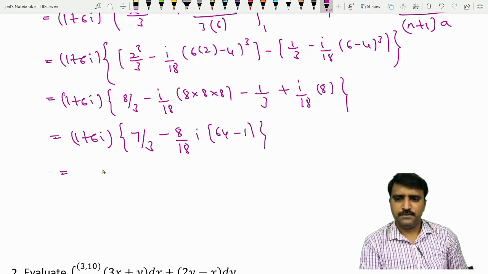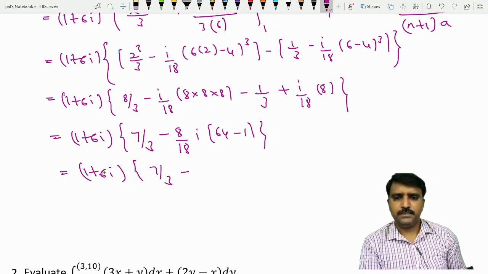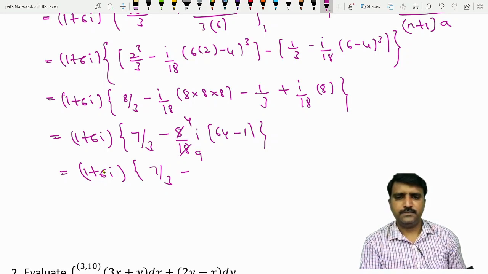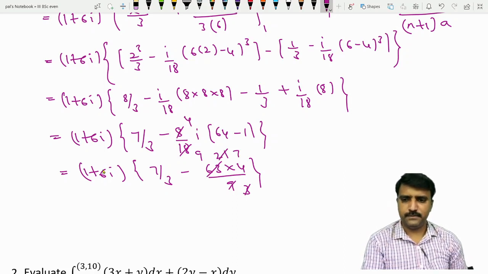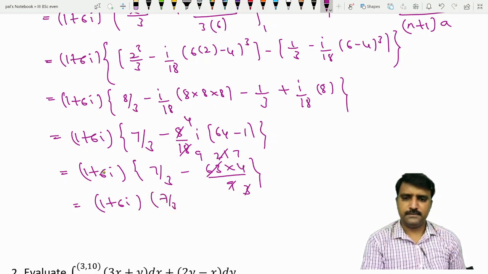Close this, which is equal to 1 plus 6i into 7 by 3 minus, so here 2 4s are, 2 9s are, and this is 63 into 4, 4 divided by 9. Again 3 3s are 9, 3 2s are 6, 3 7s are, 7 4s are 28, which is equal to 1 plus 6i into 7 by 3.